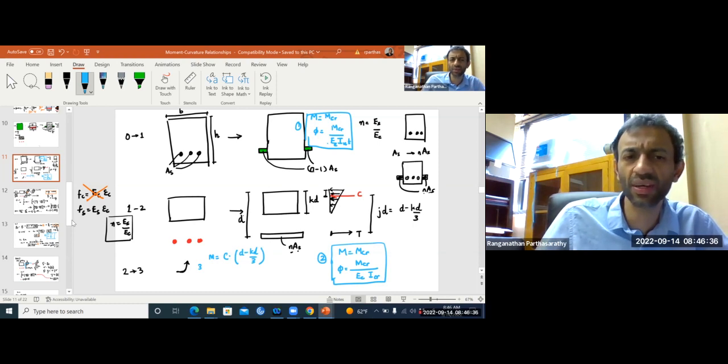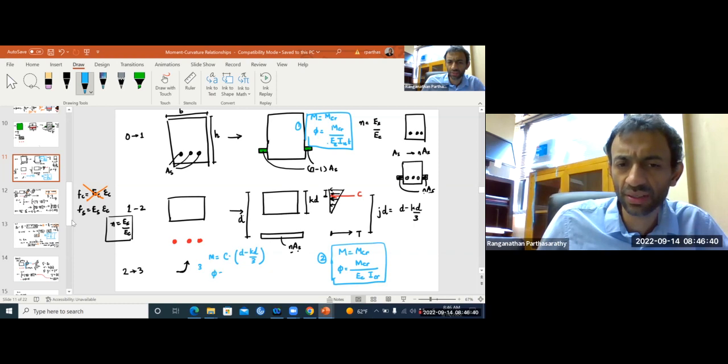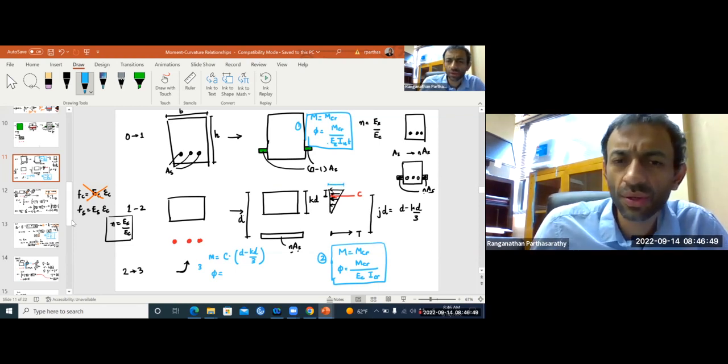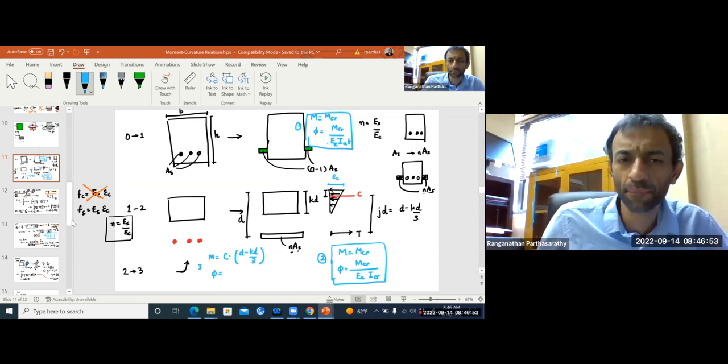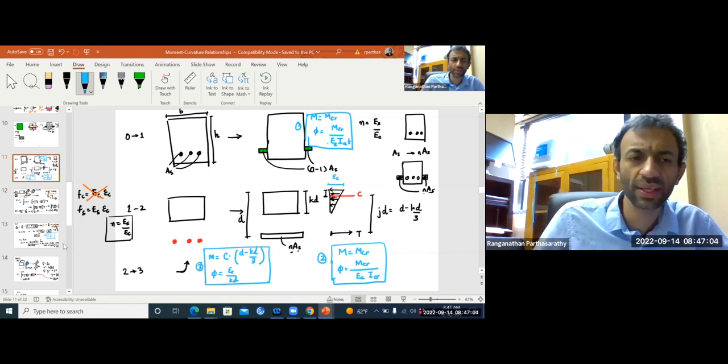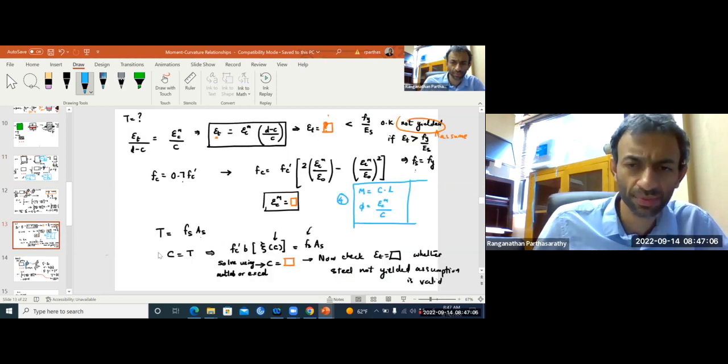This is still the lever arm, still linear at 3. Then phi is epsilon C over KD. Now there is point 4.